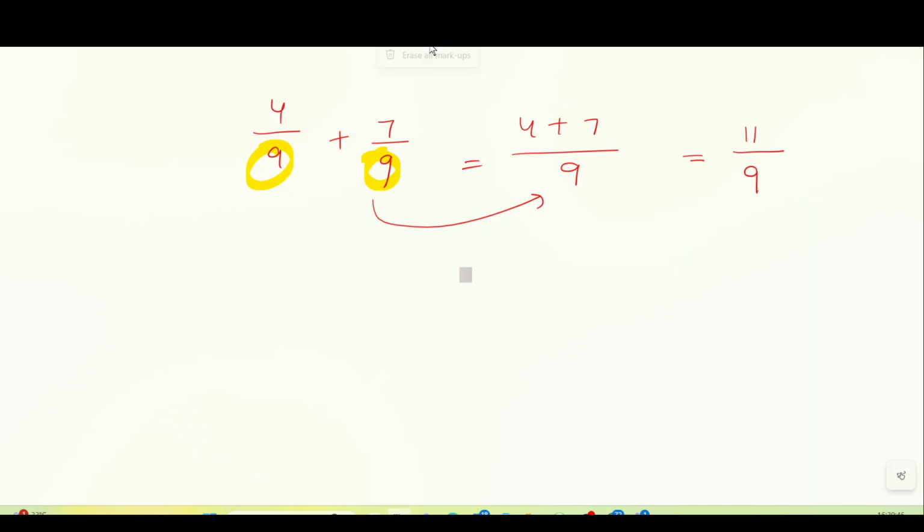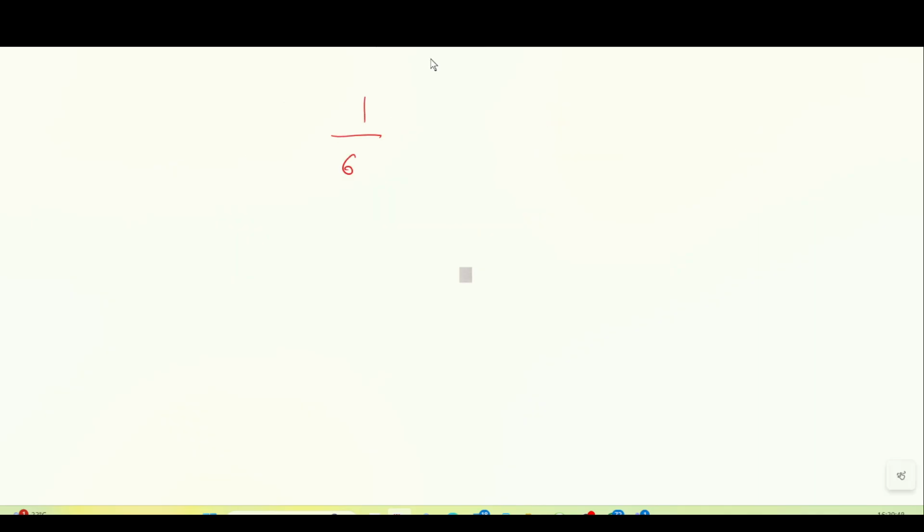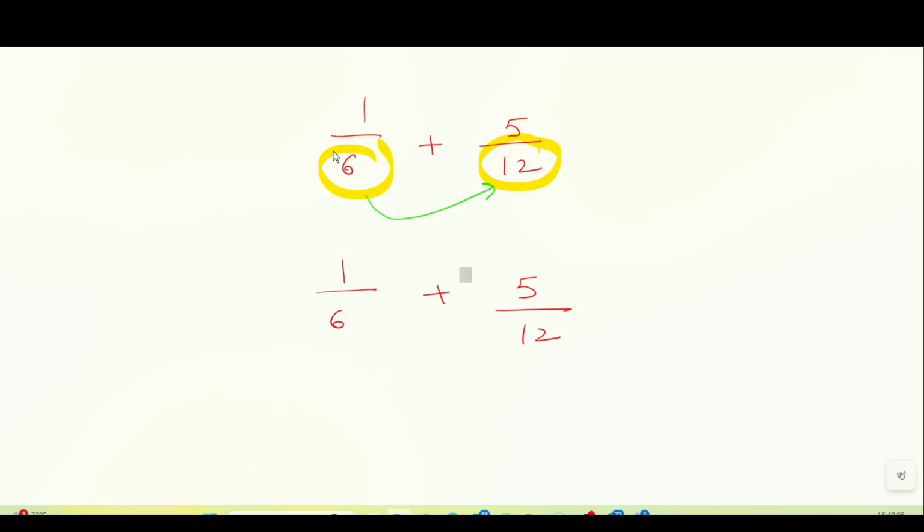Let's say we have 1 over 6 plus 5 over 12. You can see the denominator is different, right? We can convert them into the same denominator. How? First I am writing it as it is, because I know 6 times 2 is 12, right? So I can convert both of them into 12. This is already 12, so I just multiply this by 2.